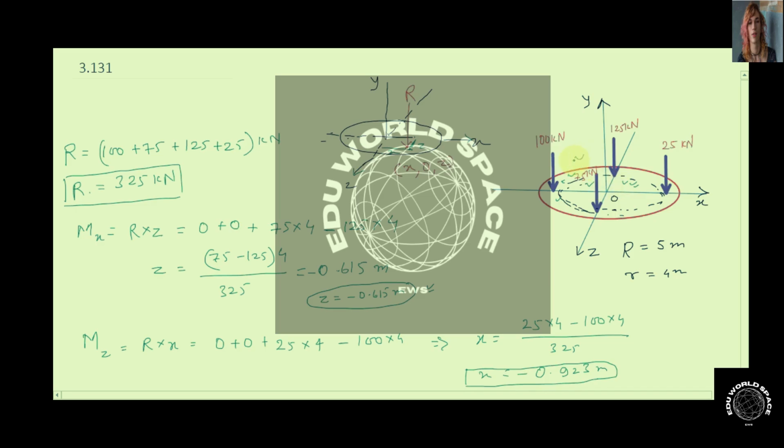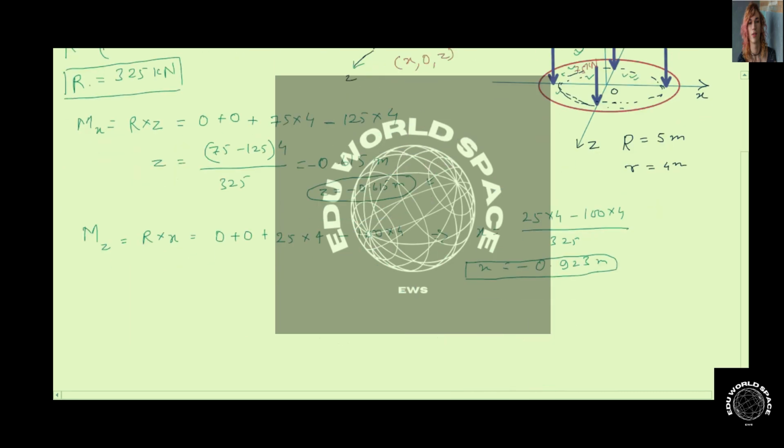So we observe here that both the coordinates x and z are negative, it means that this quadrant will satisfy this condition. So our resultant will be in this quadrant at a distance x equal to 0.923 meter and z equal to 0.615 meter.